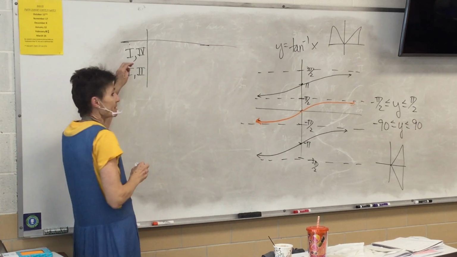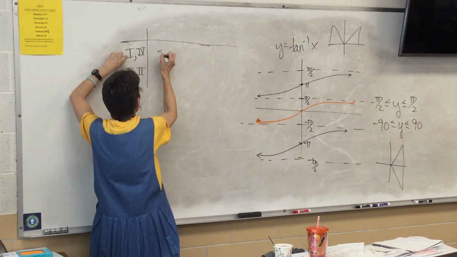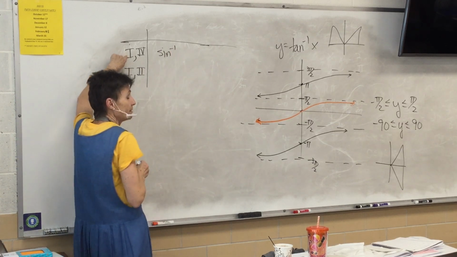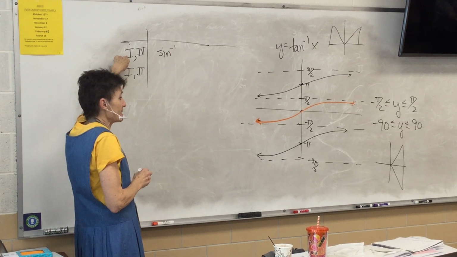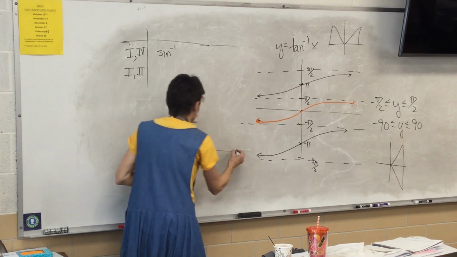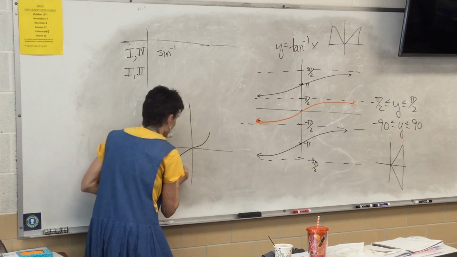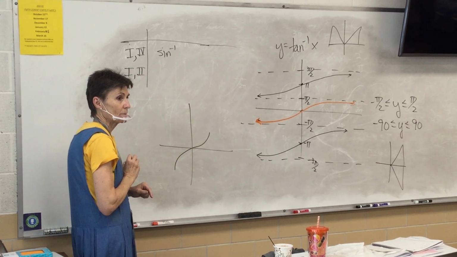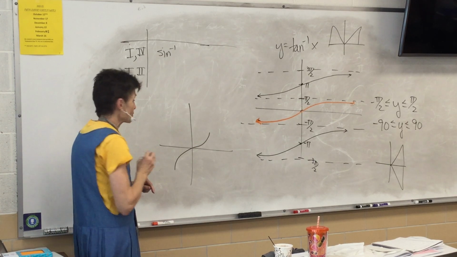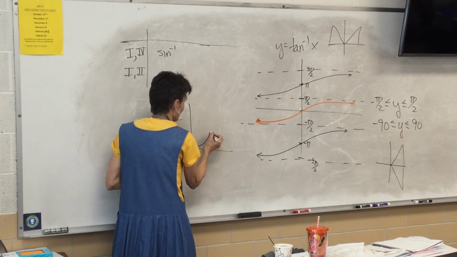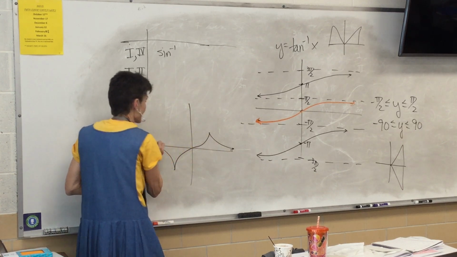Okay, so does it make sense that if inverse sine exists, try to remember what that looked like. Do you remember what that looked like? So its reciprocal inverse thing is going to look like this.